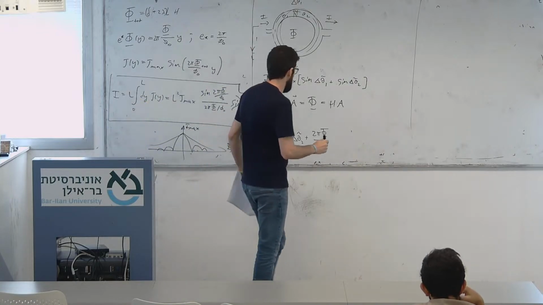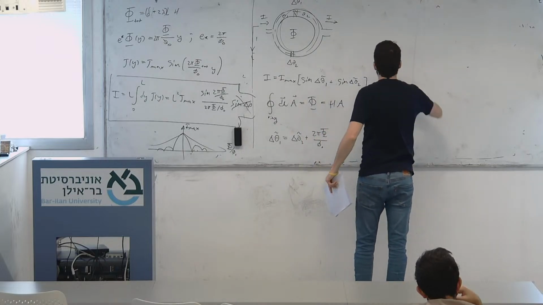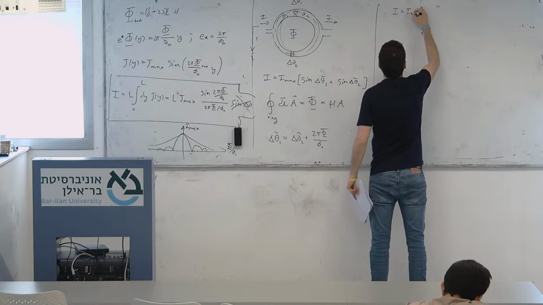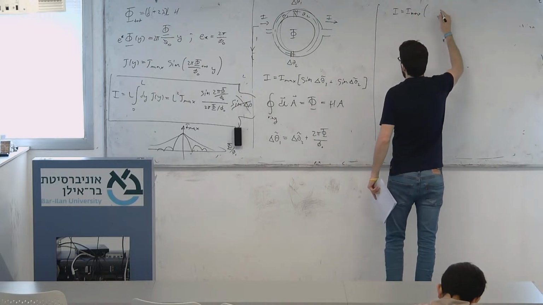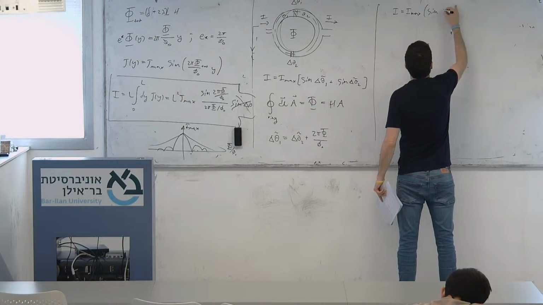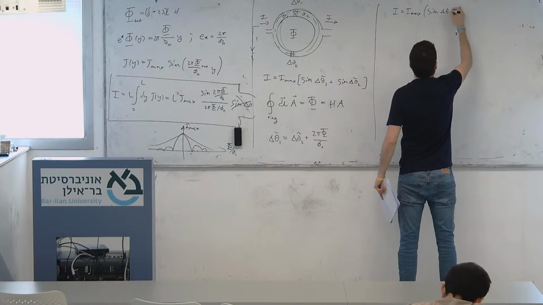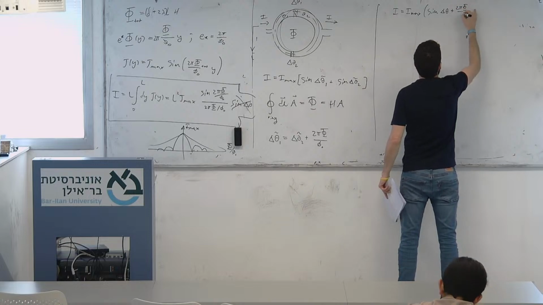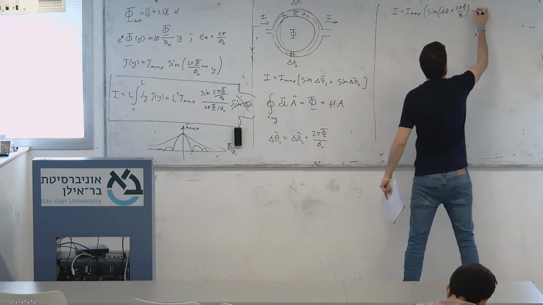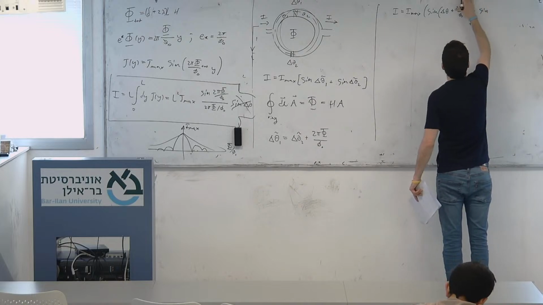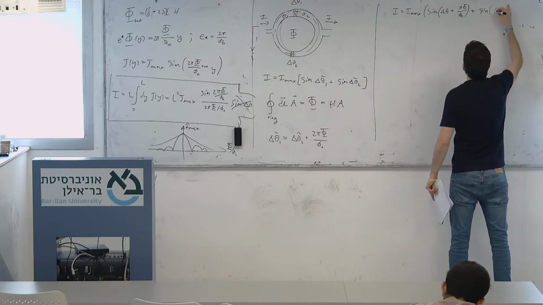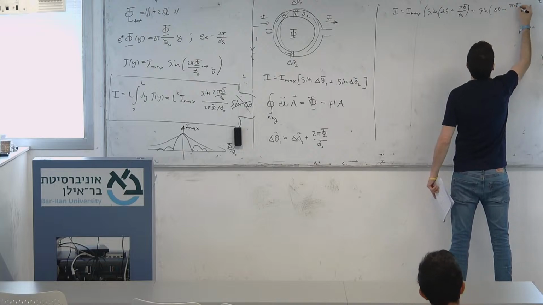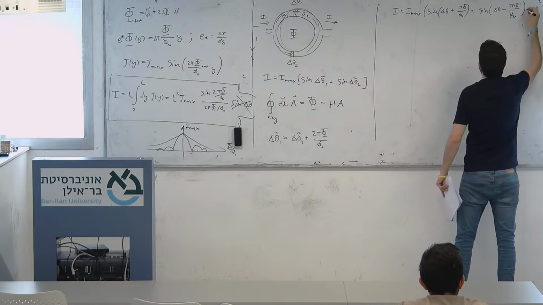So then if we plug this in, we get that I is equal to I max times sine of some delta theta minus or plus 2 pi phi over phi naught, plus sine of half of that, delta theta minus pi phi over phi naught.